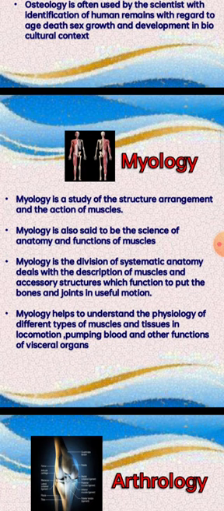So myology is a division of systematic anatomy that deals with the description of muscles and accessory structures which function to put the bones and joints in useful motion. As I said, if our muscle is dead, our bones dislocate. So muscles play a vital role in keeping our body in a proper structure, keeping the bones in proper alignment.